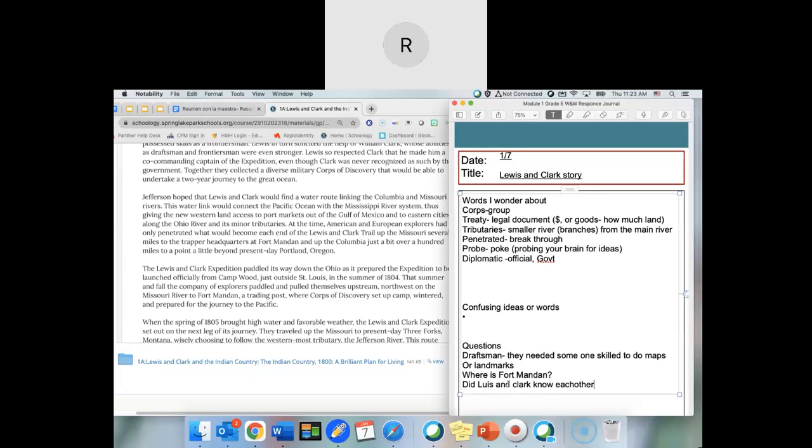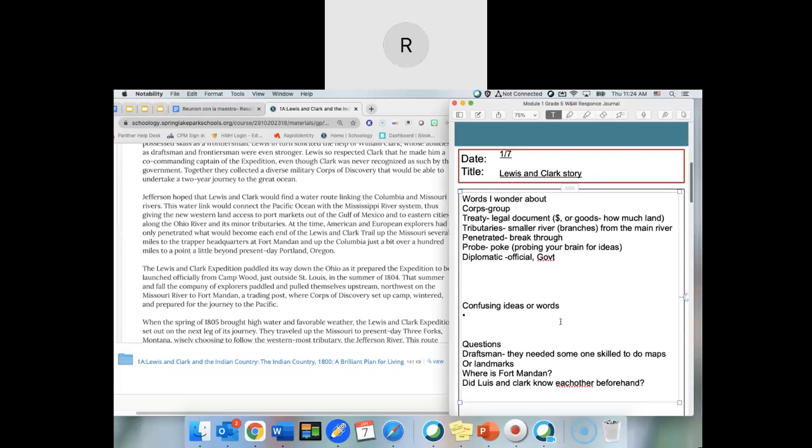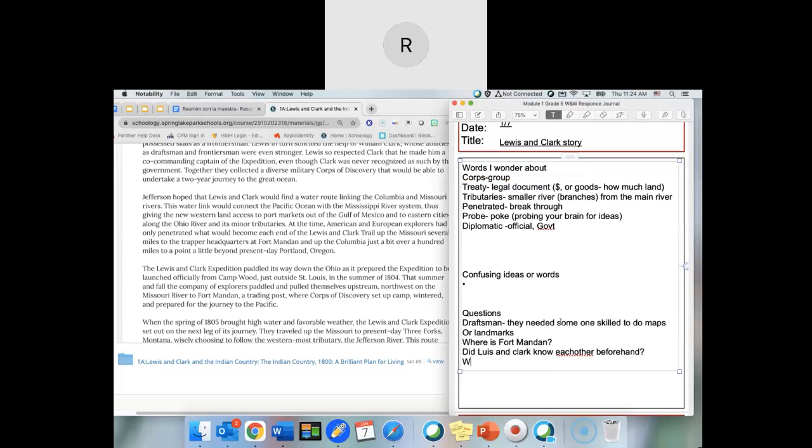Oh, a question. Yeah. Two. Did Lewis and Clark know about each other before the expedition? I think they knew about each other, but I don't think they worked together. And the second one is, was there more people on the expedition? And if yes, why were Lewis and Clark the main two?